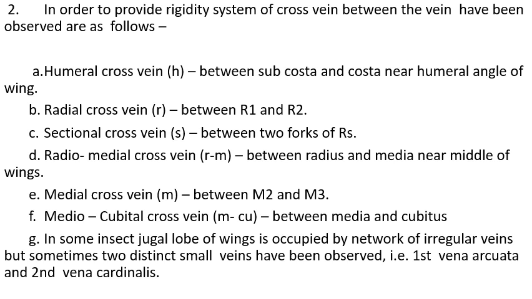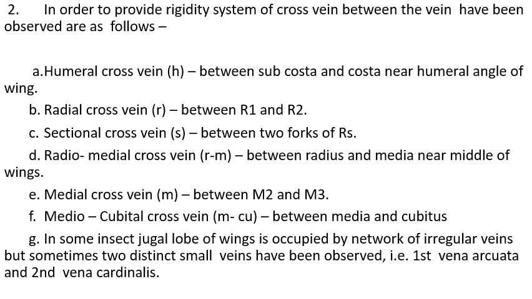Then the second is the radiomedial cross vein. This is a cross vein extending from radius to media, usually near the center of the wing, and is designated by r-m, small rm.